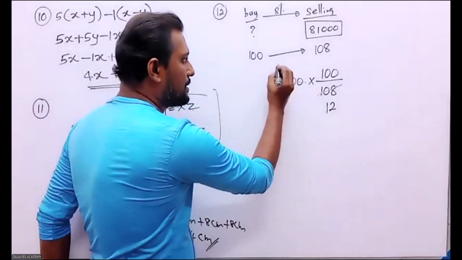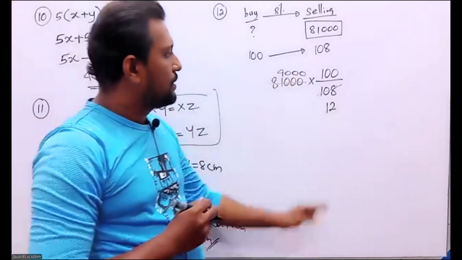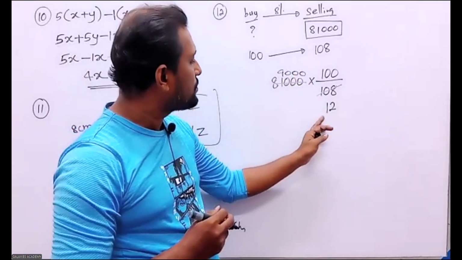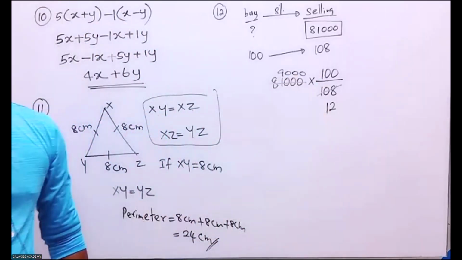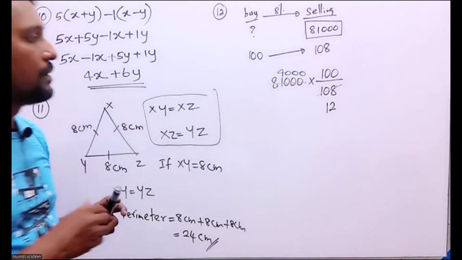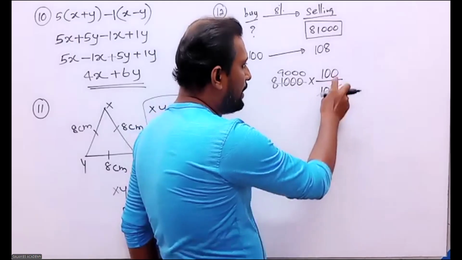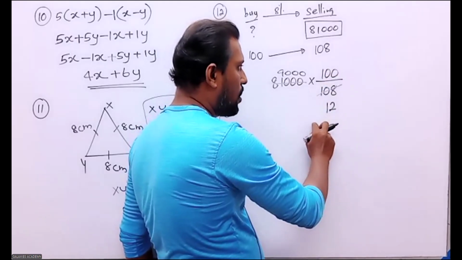So, what is the answer? 9,000. Then also, these two you can divide by 4, right? 12 and 100 you can divide by 4.